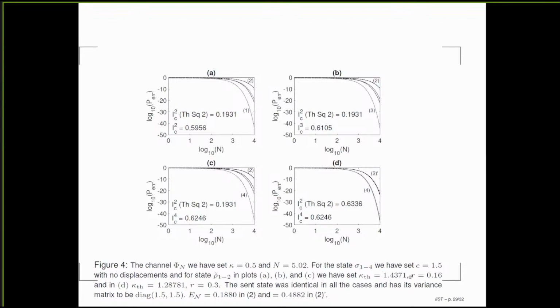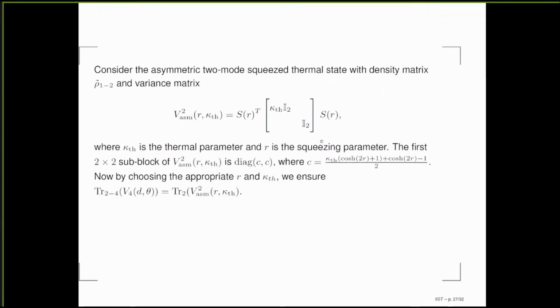Is this value r meant for a one-mode squeezed state or a two-mode squeezed state? It is the two-mode state. We are applying the two-mode squeeze operator on a two-mode input. One is vacuum and the other is a thermal state.